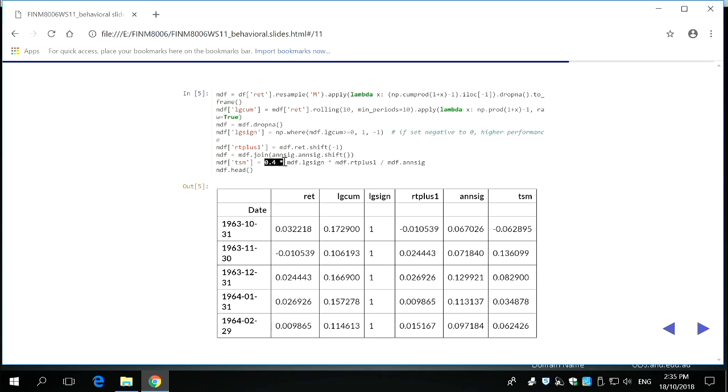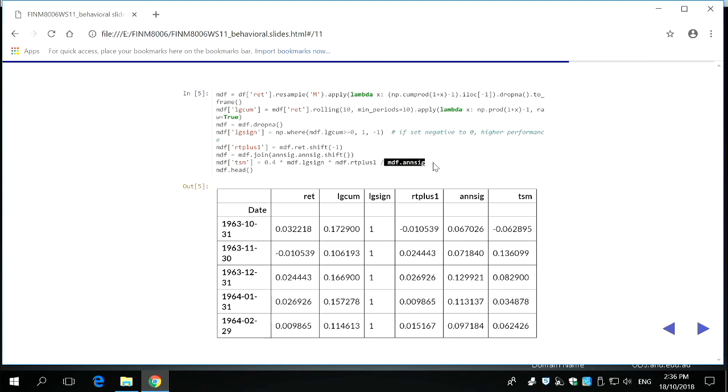It doesn't really matter, it's just a parameter because I want to match the volatility. Then the sign of the lag 10 months return, times the future 1 month return, divided by the annualized volatility.